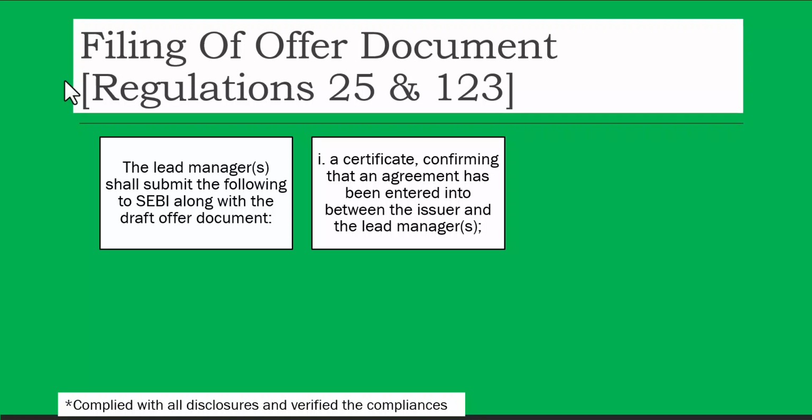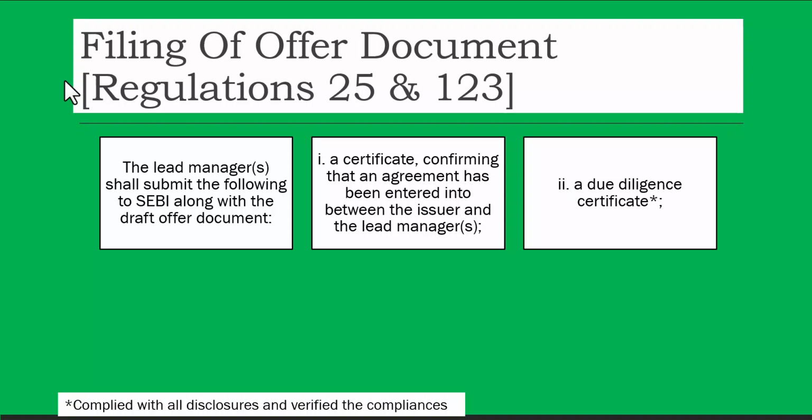Then a due diligence certificate, that the company has complied with all the disclosures and verified all the compliances which are required under the IPO regulations.